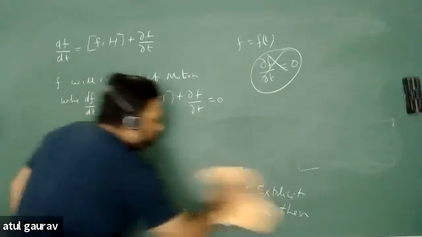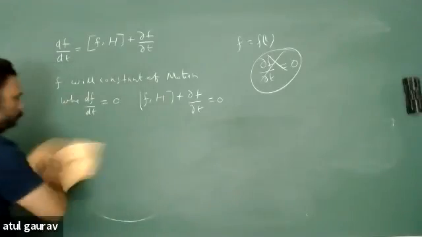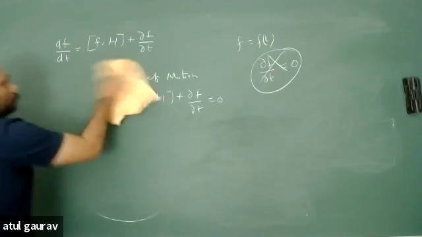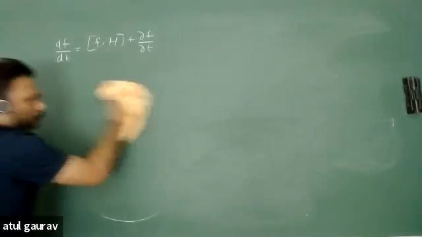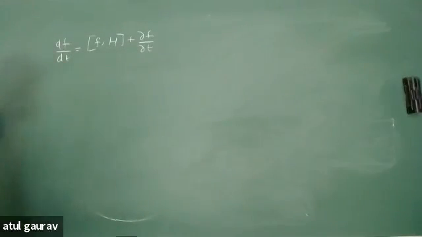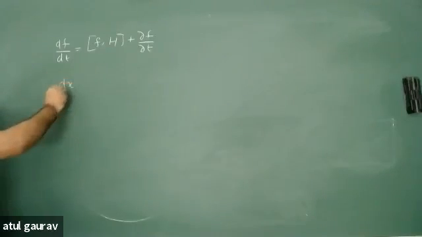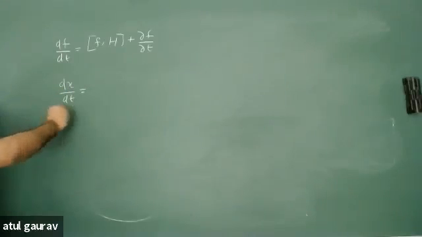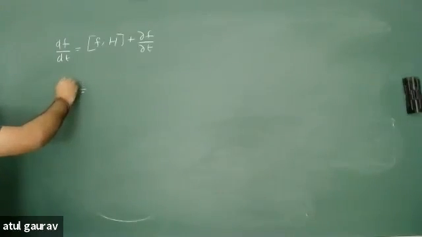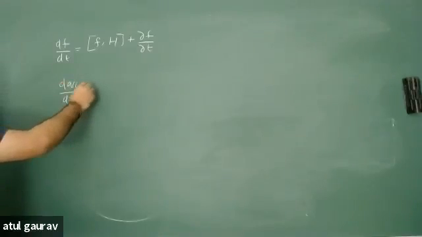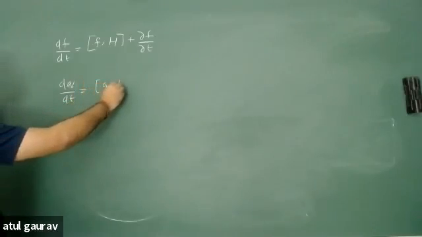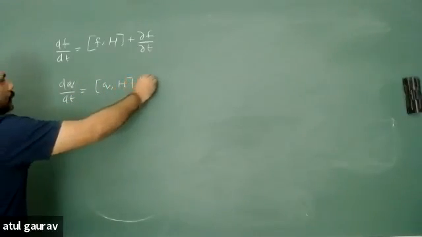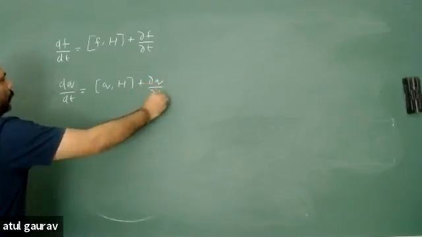Suppose we want to write dx upon dt, or you can just write dqi upon dt, or dq upon dt, you can use anything. So dq upon dt is [q, H] plus del q upon del t.